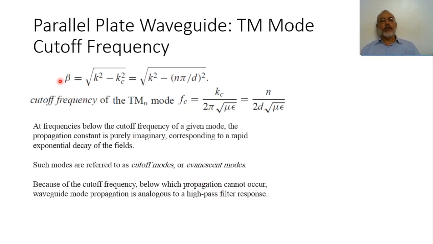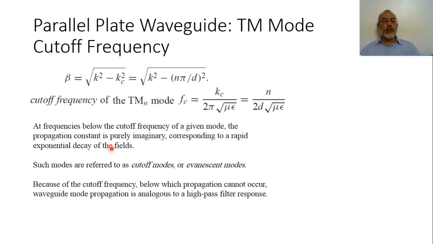The propagation wave number beta equals square root k square minus kc square, and the cutoff frequency of the TM n mode, f cutoff, is n over 2d square root mu epsilon. At frequencies below the cutoff for a given mode, the propagation constant is purely imaginary, corresponding to a rapidly, exponentially decaying field.